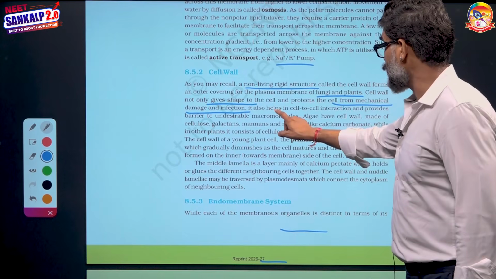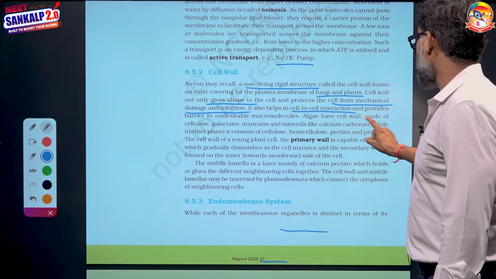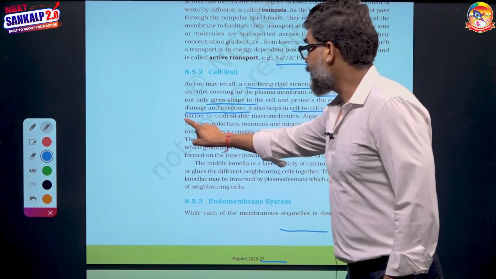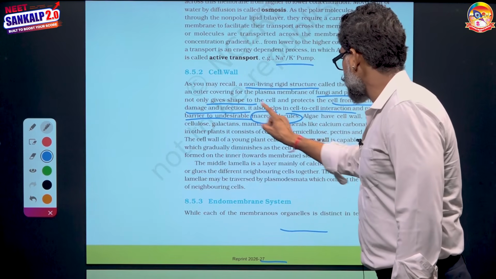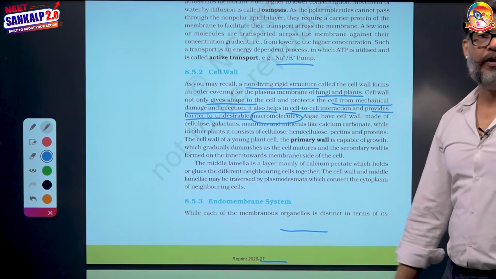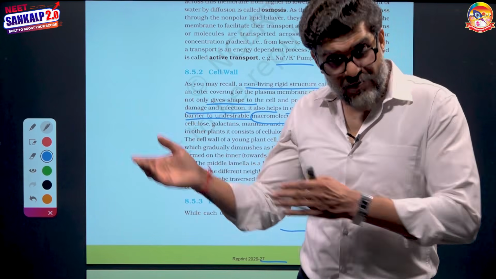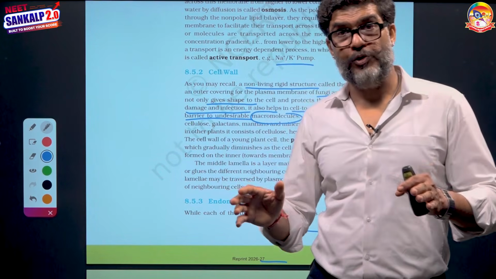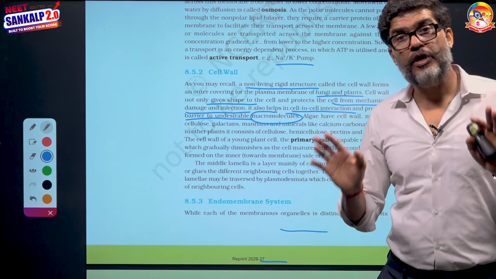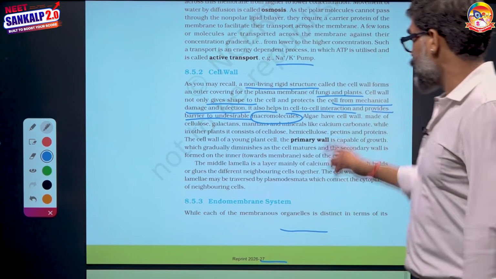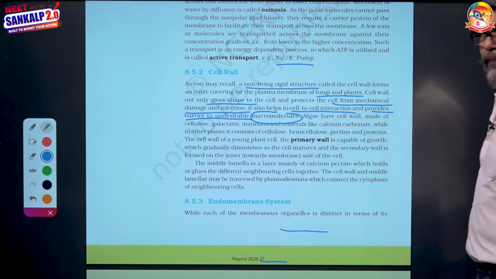Besides this, it also helps in cell-to-cell interactions, and it provides a barrier to undesirable macromolecules. The cell wall cannot act as a barrier in the movement of micromolecules. It can act as a barrier only for the movement of macromolecules. So this fact also keep in your memory.